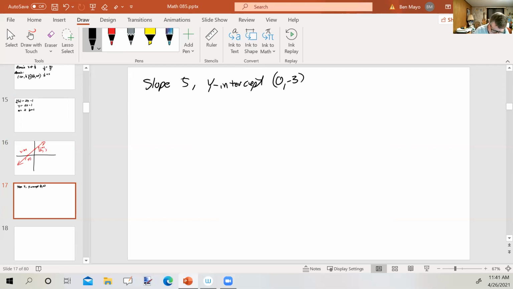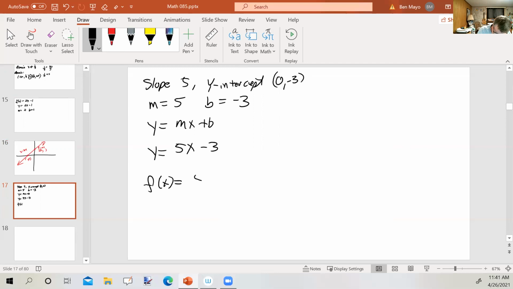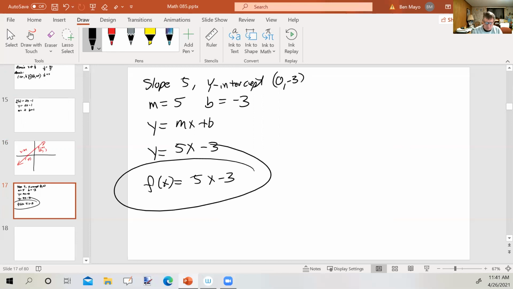Also recall that the letter m stands for slope, and the letter b stands for the y value of the y-intercept, going back to the y equals mx plus b that we used a minute ago. So this would become y equals 5x minus 3, but using function notation, f of x equals 5x minus 3. So there's a function with a slope of 5 and a y-intercept of -3.